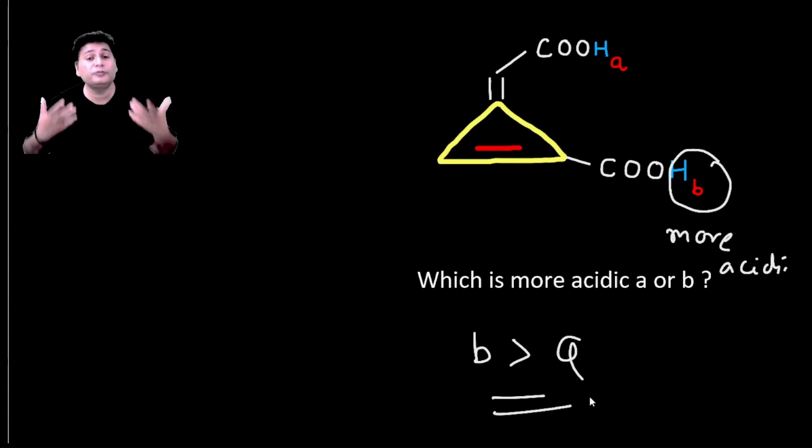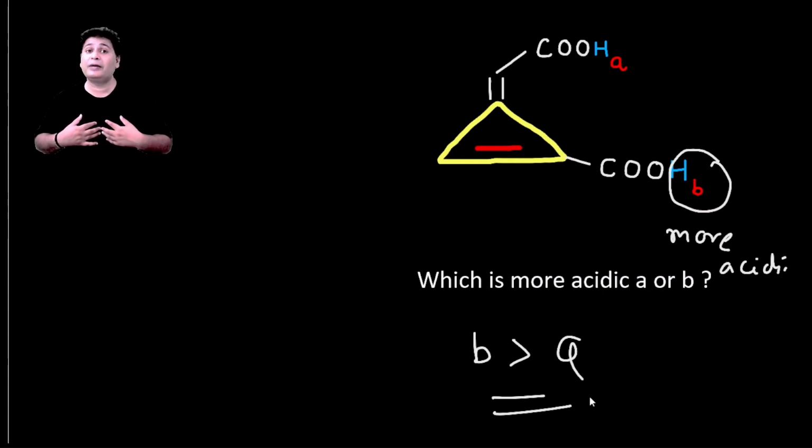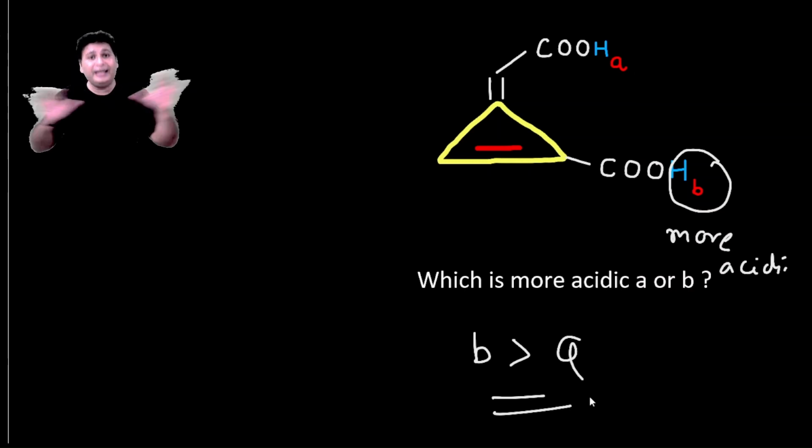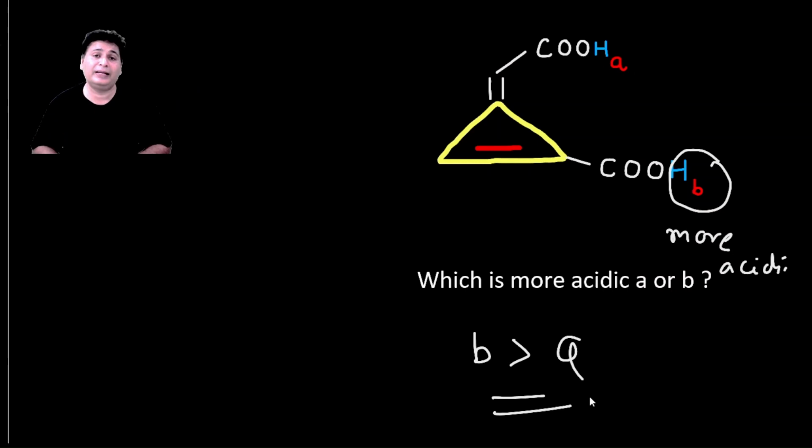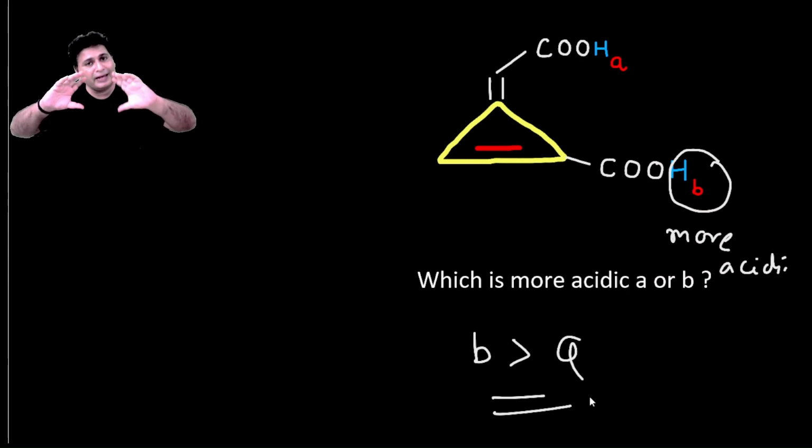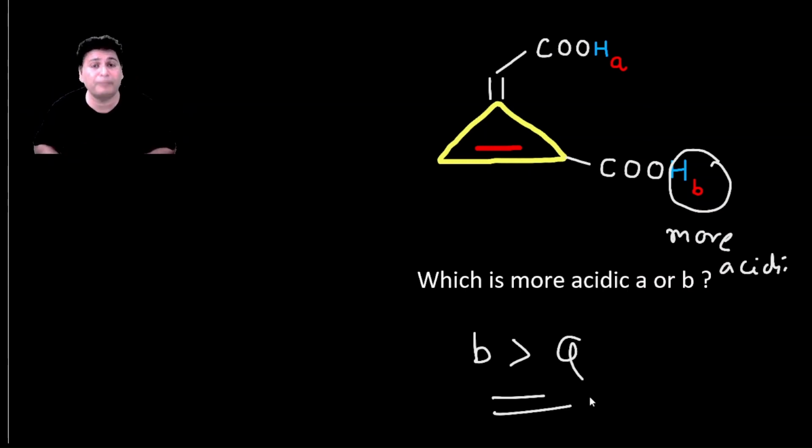Through resonance, if I find that it is giving some bad character to that species, like the removal of hydrogen number A generated an anti-aromatic ring, so it was not a good option, not a better option. So I then went to hydrogen number B, and again I tried the polarization of the pi bond, doing the resonance. Then I found that this is a better option.